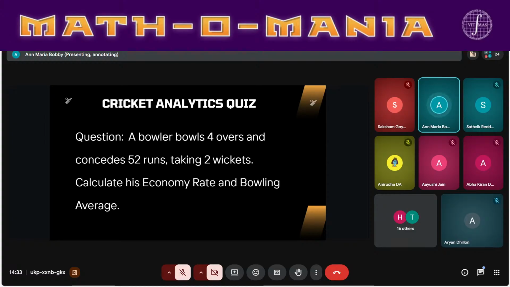So this is another question which you can answer. A bowler bowls 4 overs and concedes 52 runs, taking 2 wickets.